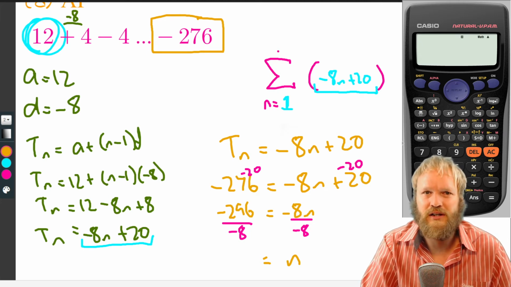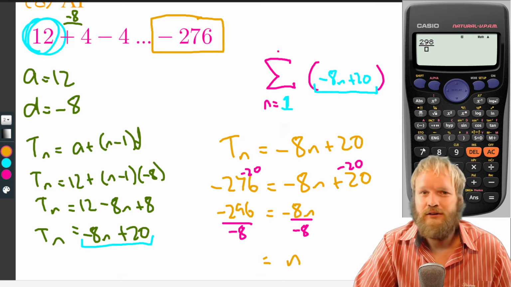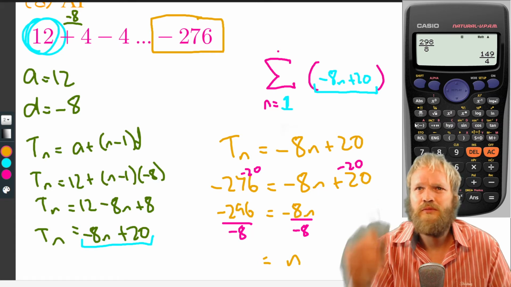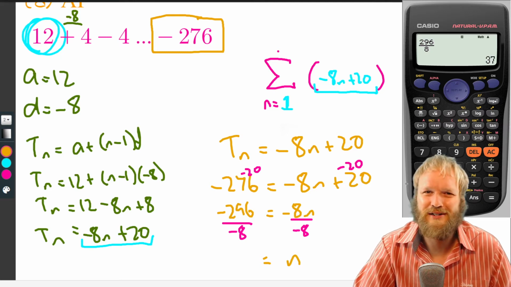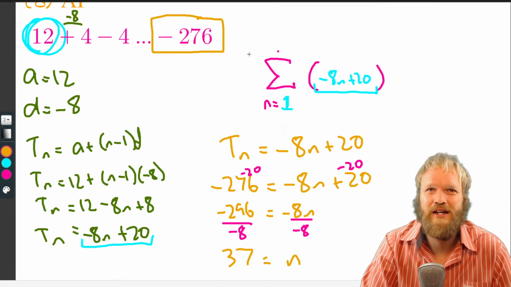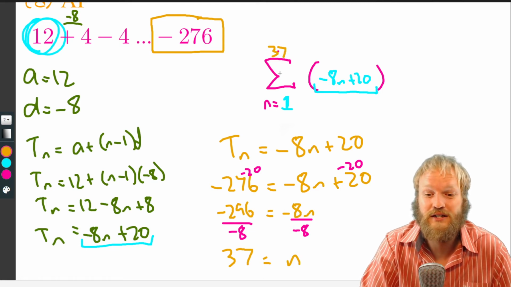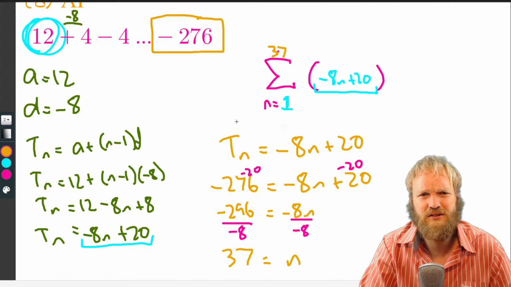Negative divided by negative is a positive, and I'm happily going through this quickly because I know you know how to solve equations. Shouldn't have a fraction. That looks a bit better, right? n equals 37. Cool, so n equals 37, so this must go from 1 to 37 because there are 37 terms, and there's our formula. Not too bad, is it?